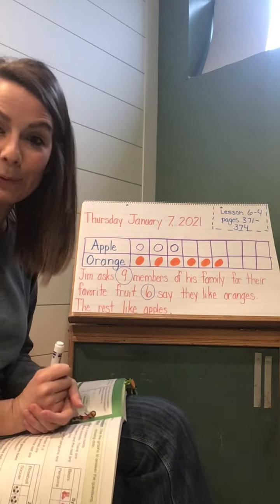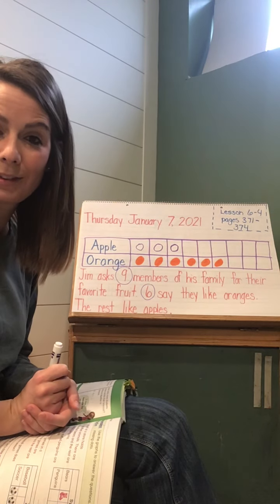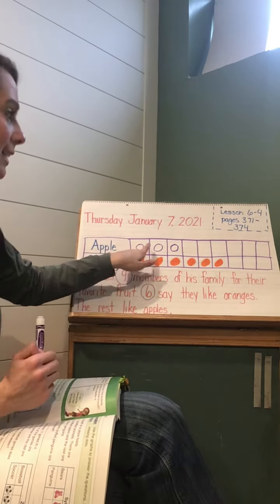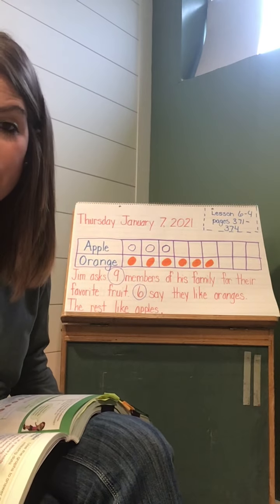How many apples did I just now add? Good, I added 3. So for number 1, you can go ahead and write down 3 apples. Make sure you fill that in on your graph.